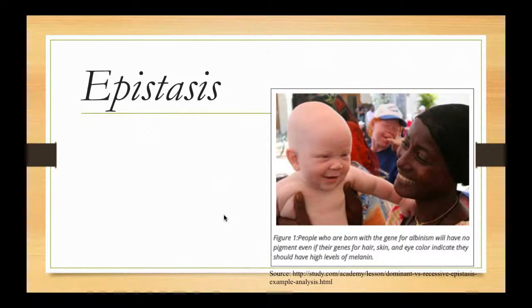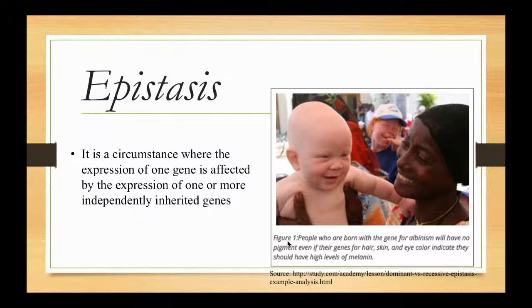Last one I have is epistasis. It is a circumstance where the expression of one gene is affected by the expression of one or more independently inherited genes. So simply, what I said is what it is. But what's also really important to remember about epistasis is that the epistatic gene has no effect on the genotype of the gene being controlled.